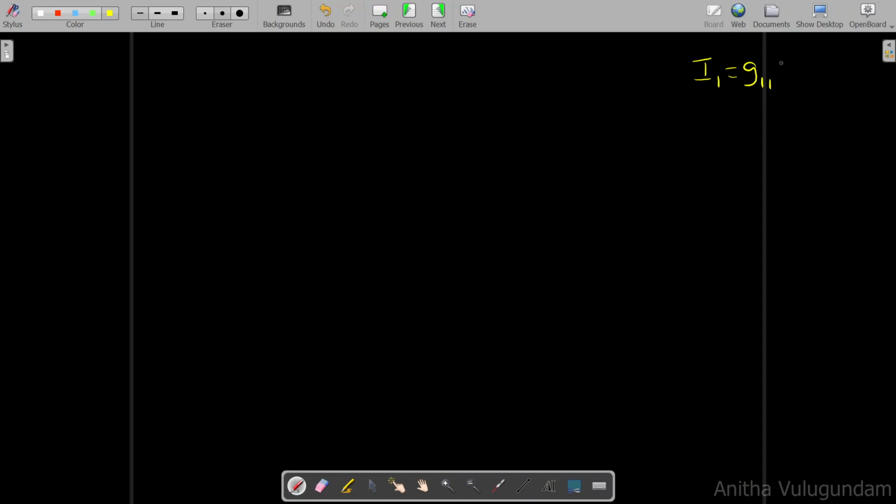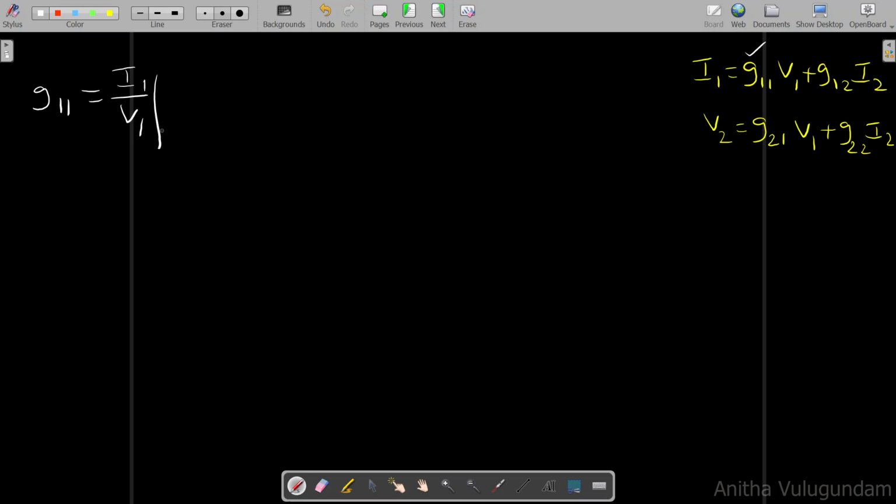I1 equal to G11 V1 plus G12 I2. V2 equal to G21 V1 plus G22 I2. From the first equation, I can write G11 equal to I1 divided by V1 when I2 equal to 0.